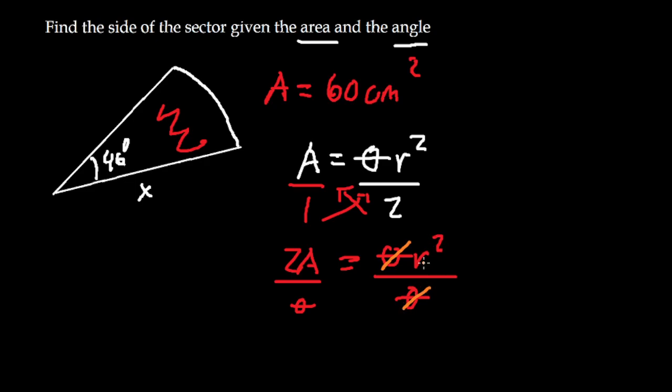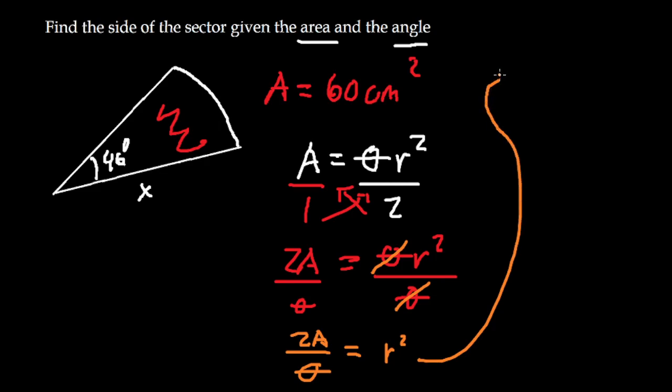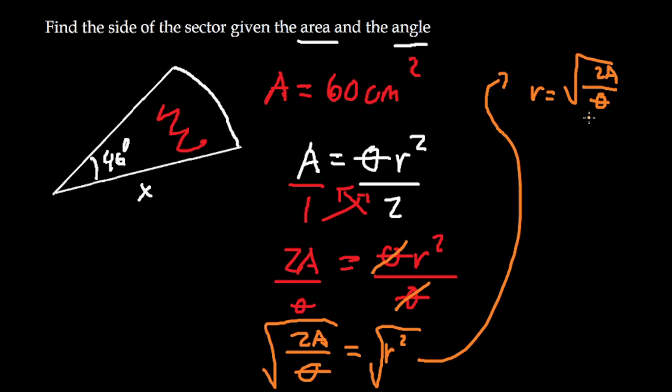Then, matitira na lang si r squared. R squared is equal to 2a over theta. Since we're looking for r, we can take the square root of both sides. So, r is equal to the square root of 2a over theta. So, this is gonna be our formula.